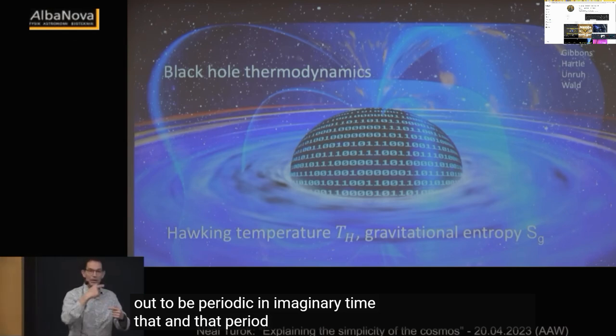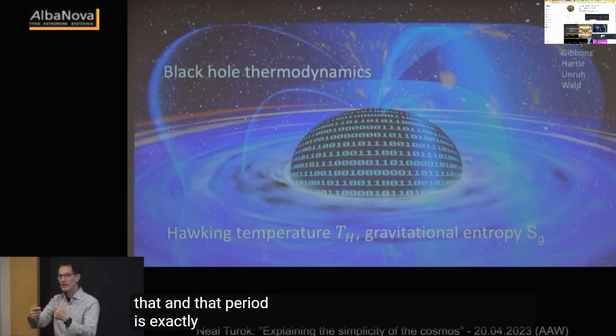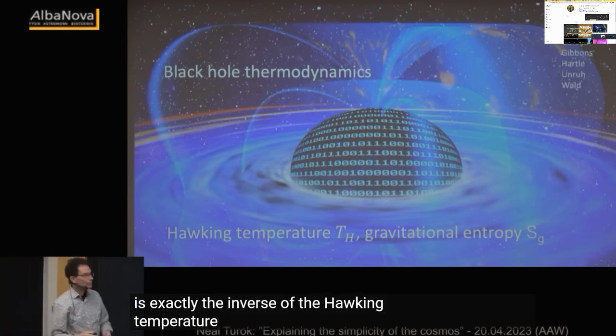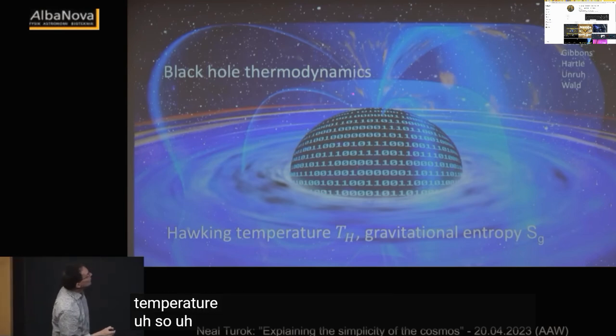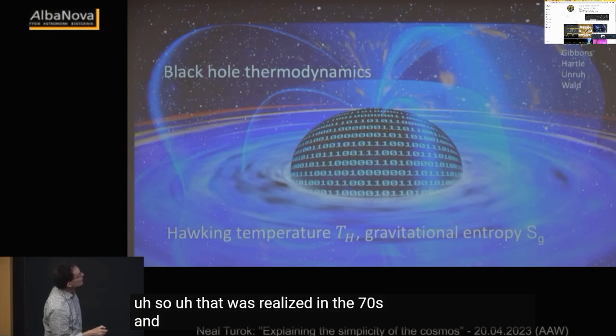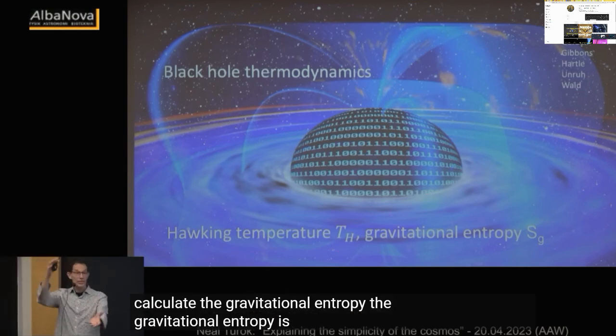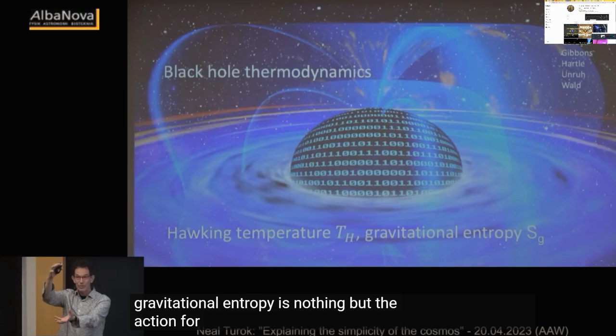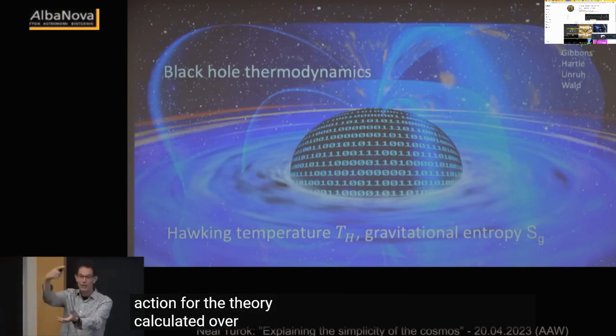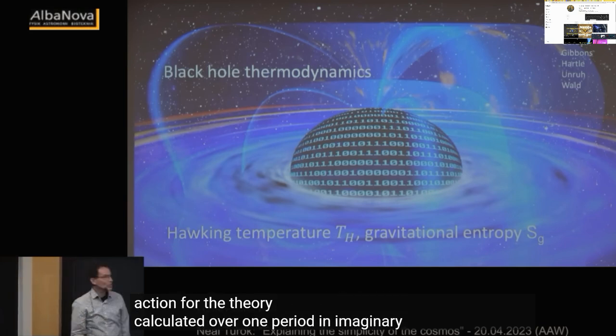And that period is exactly the inverse of the Hawking temperature. So that was realized in the 70s, and Hawking and others used this to calculate the gravitational entropy. The gravitational entropy is nothing but the action for the theory calculated over one period in imaginary time.